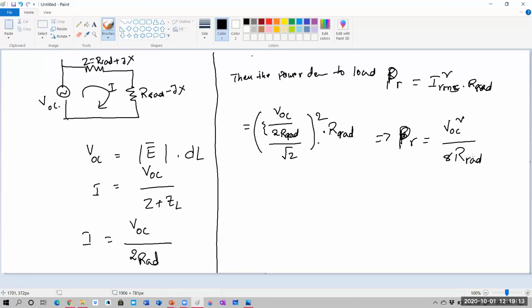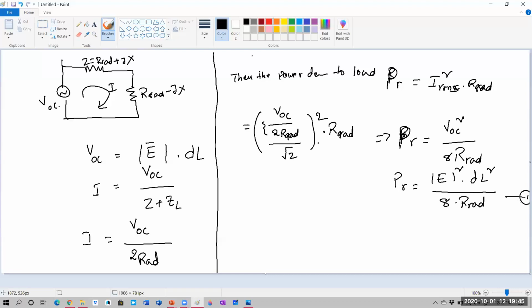Substituting the V_OC value in the equation, we finally get the power P_r equal to E squared into dl squared by 8 into the radiation resistance R. Please note this one.